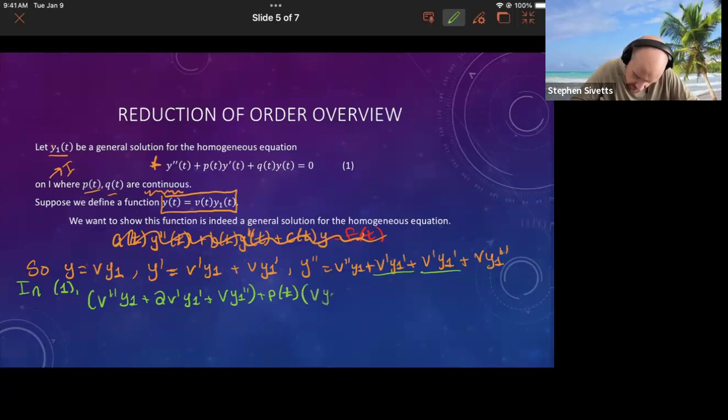So v times y1 prime plus v prime times y1, plus q of t times y of t. So v times y1.